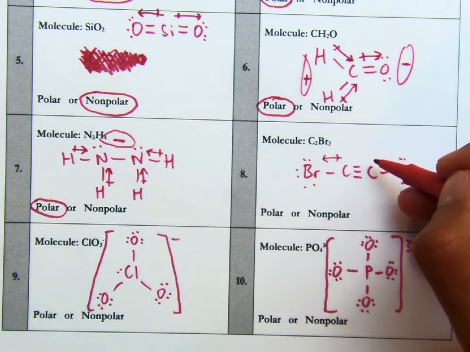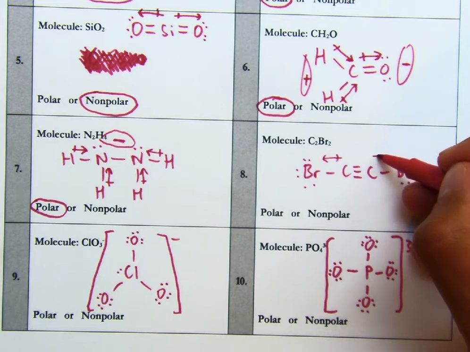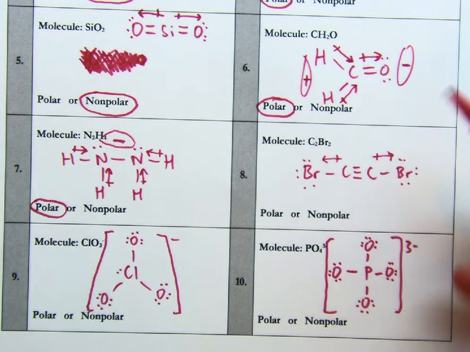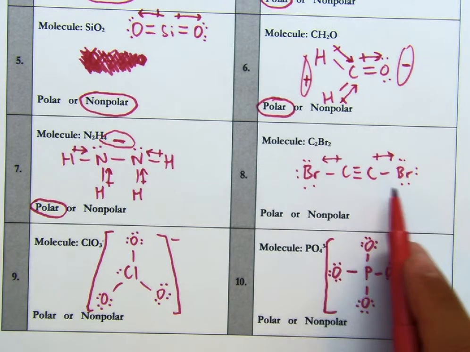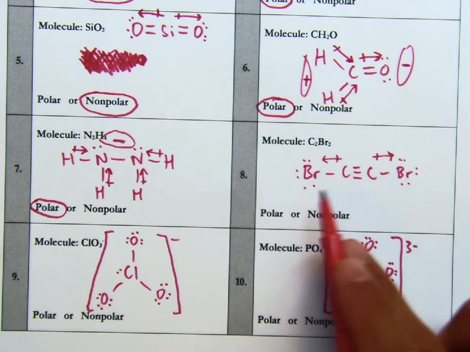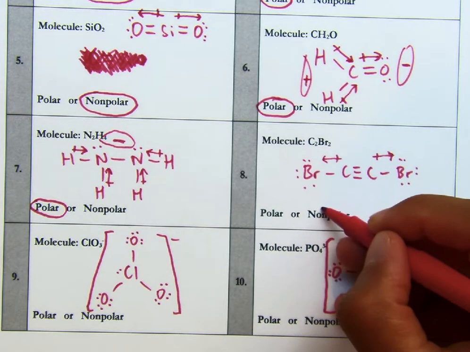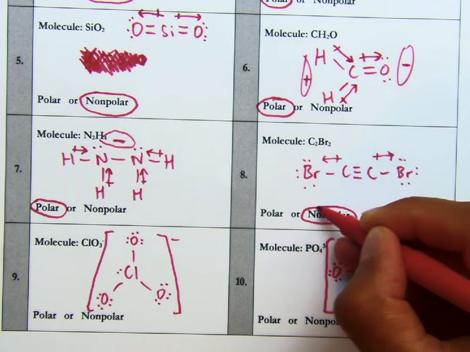Well, they actually might be, again, very similar in electronegativities. Almost no difference in electronegativity. So not only is there very little difference in electronegativity between these, but it's the same on both sides. So one side's no different than the other side. We have that symmetry. This would be more of a nonpolar molecule.